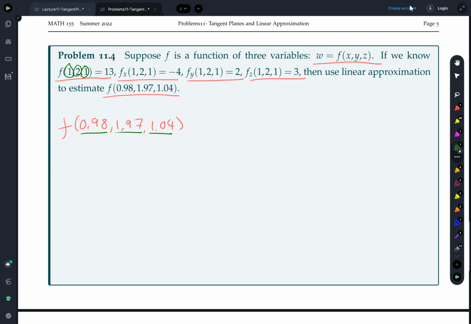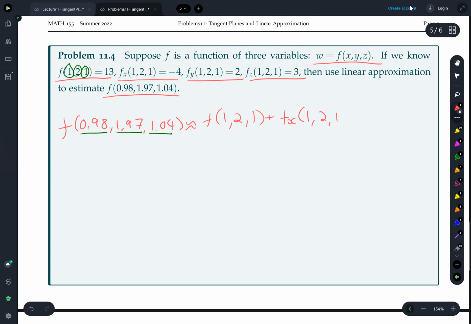We could still do that approximation, but we would say we're not very confident that it's going to be very good. So this is going to be approximately equal to, because we can't write down exactly what our derivatives are, we can't write down our L of x, y, z in this case, but we can just use the numerical values that we've been given. So we take our function at (1, 2, 1), and then add on our partial at that same point, times the deviation, so 0.98 minus 1 in the x direction.